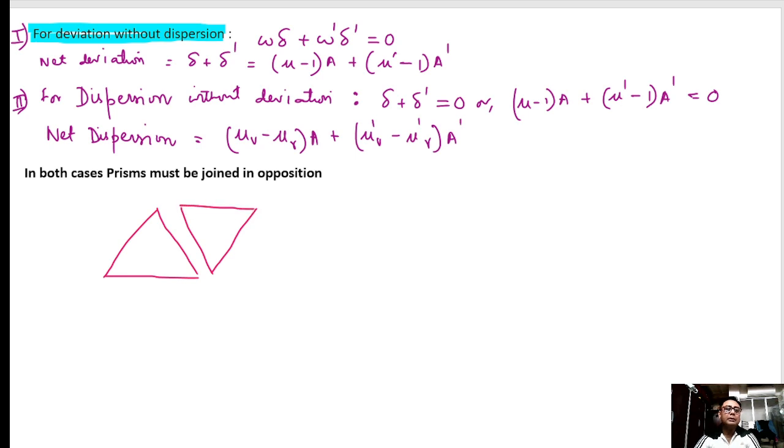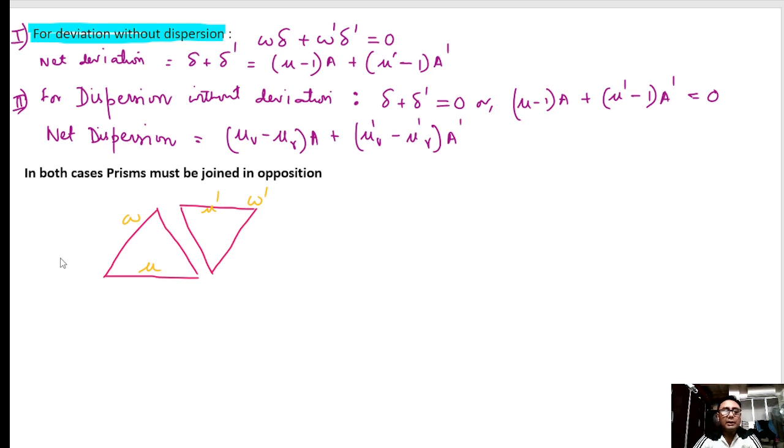In one the refractive index is mu, and in the other the refractive index is mu dash. Dispersive power of this prism is omega, and dispersive power of this prism is omega dash. They are telling us that deviation will be there, but dispersion will not be there.